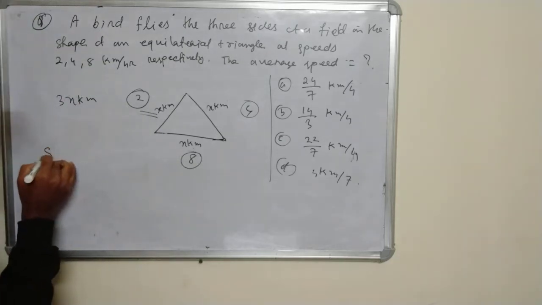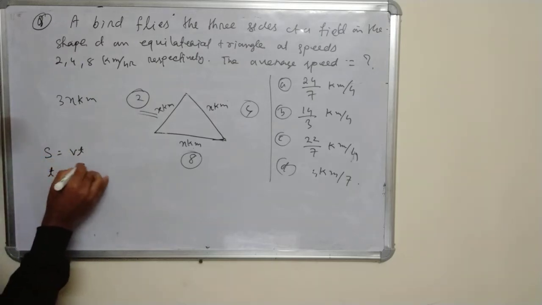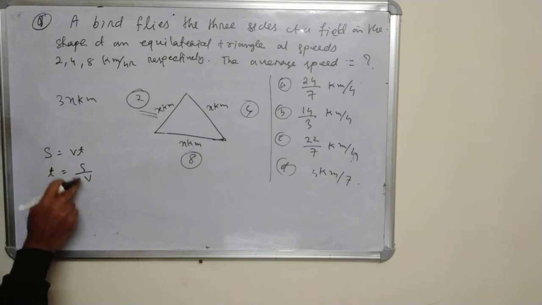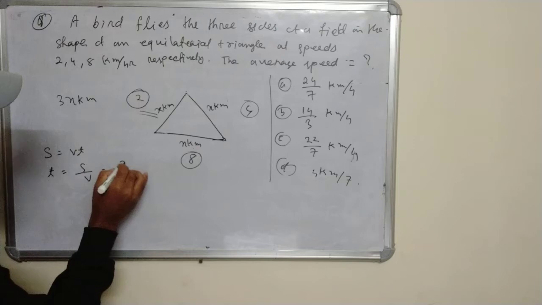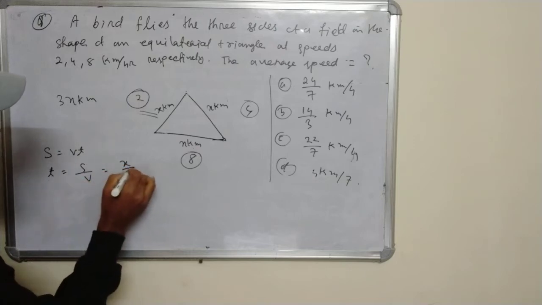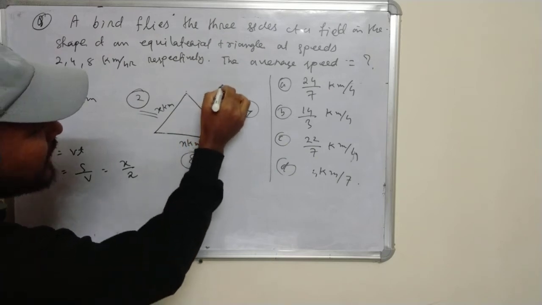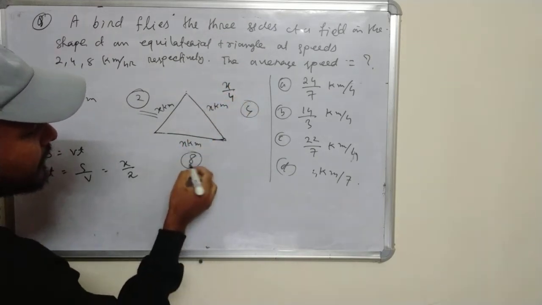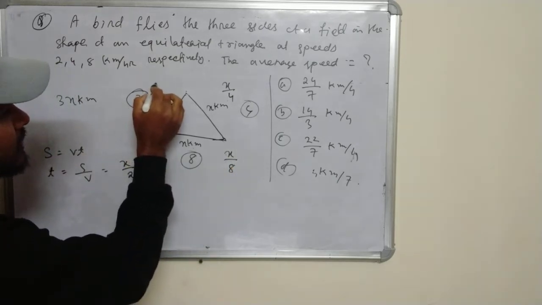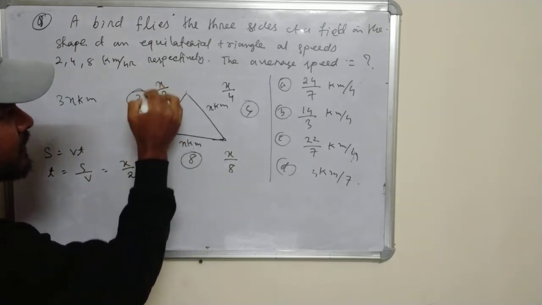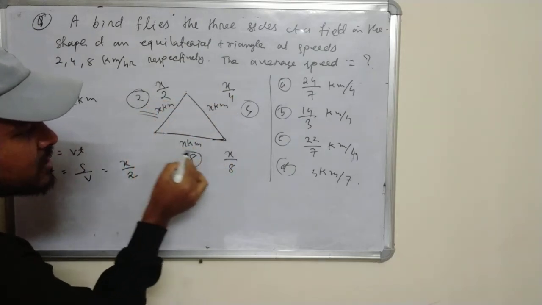We know that s is equal to v into t, so time is equal to s by v, where s is the distance and v is the velocity. The distance here is x and the velocity is 2, so the time is x by 2. Similarly, the distance is x and the velocity is 4, so the time is x by 4. Here the distance is x and the velocity is 8, so the time is x by 8.